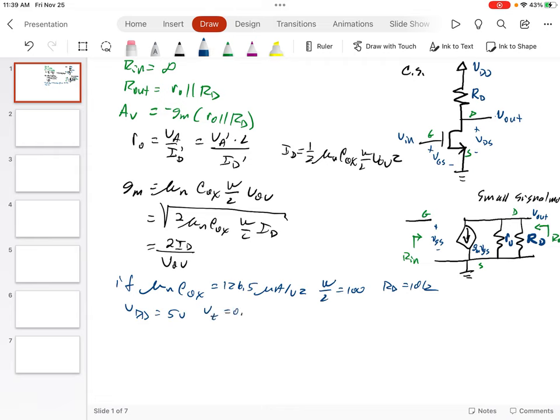VT is 0.7. VA prime is 25 volts per micron. And we set L equal to 1.6 microns, and V overdrive is 0.2 volts.